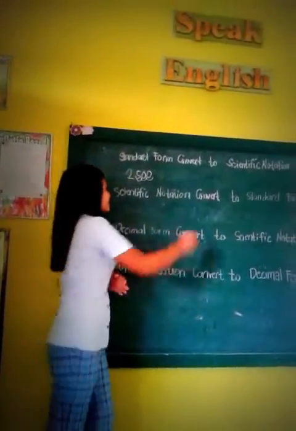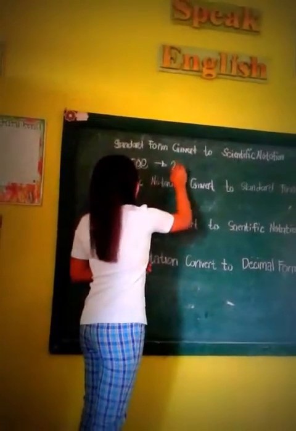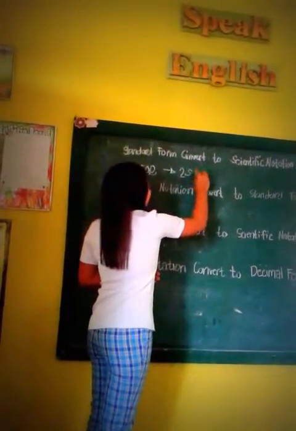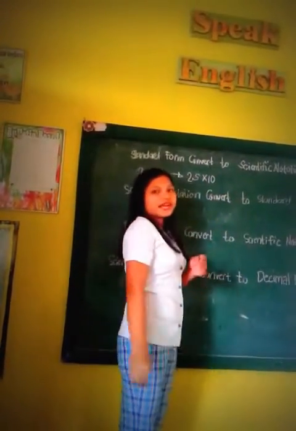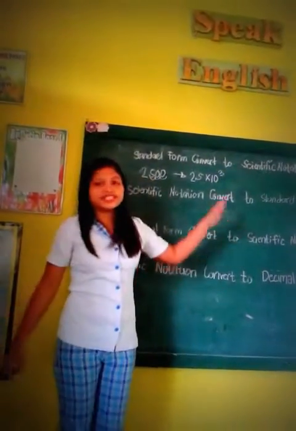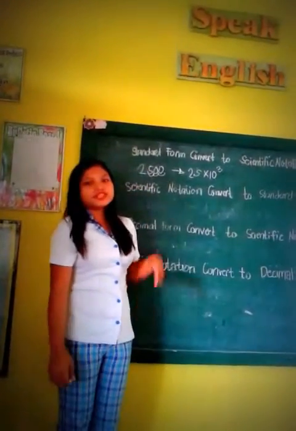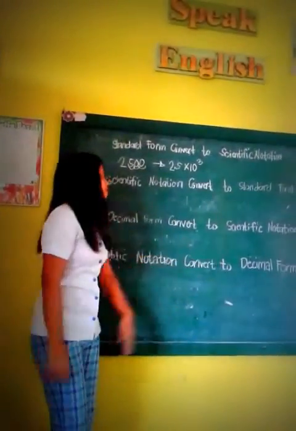So this is now the scientific notation: 2.5 multiplied by 10 raised to the power of 3. Of course, this is the standard form, so you must use the positive integer.